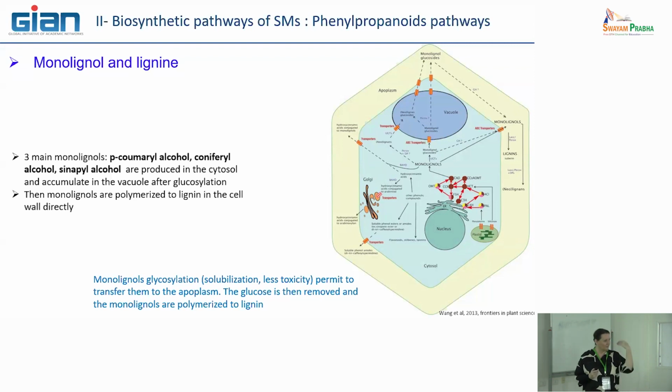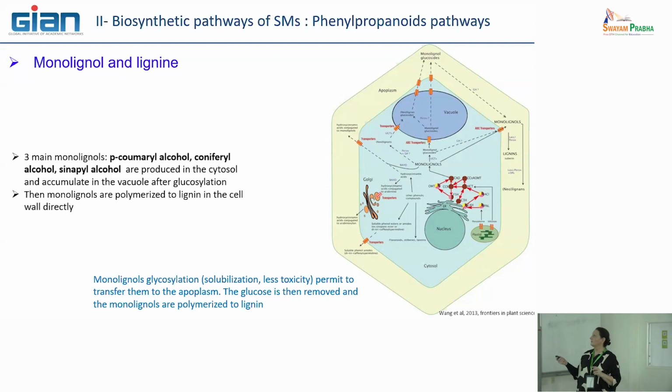Always the same type of scheme, okay? And in the vacuole, they wait. When the cell needs to produce new lignins, what happens? These glycosylated monolignols are able to transfer from the vacuole to the cell wall directly, so they go out of the cell, into the cell wall.